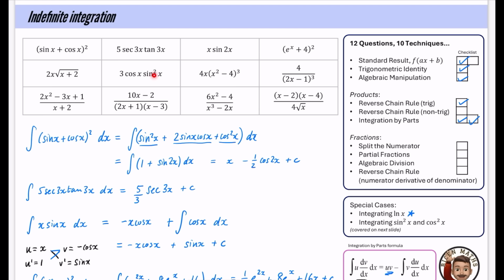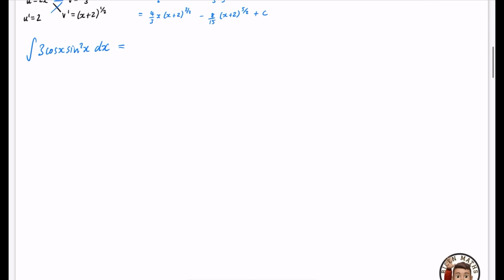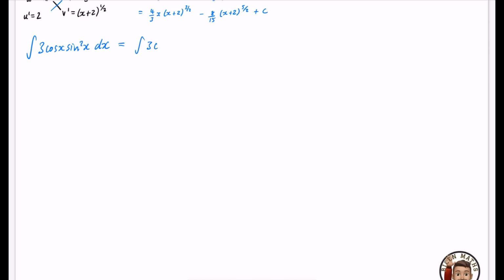So we're saying to ourselves, something differentiated to give us this thing. And it looks like this cos x is the derivative of the sine x that we've got there. In fact, if I write it in this form, that 3 cos x is multiplied by sine x all squared. If you're really good at differentiation, you will think, oh, I've differentiated something like this before.